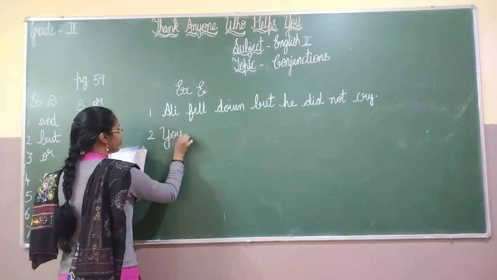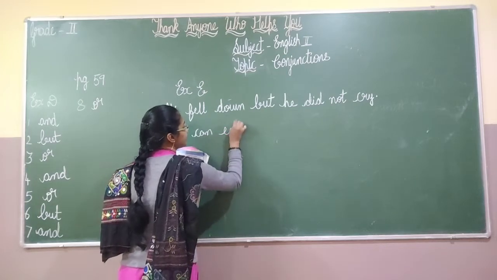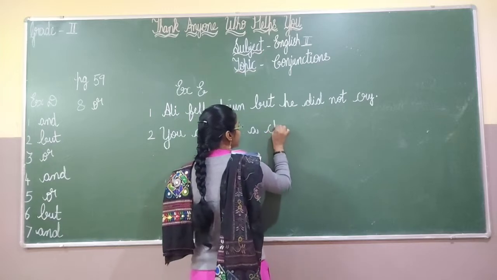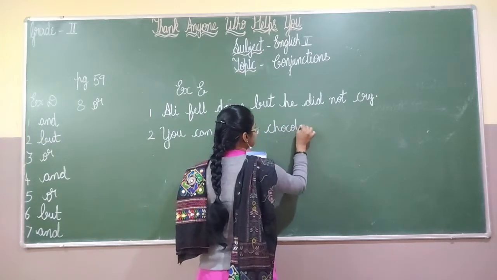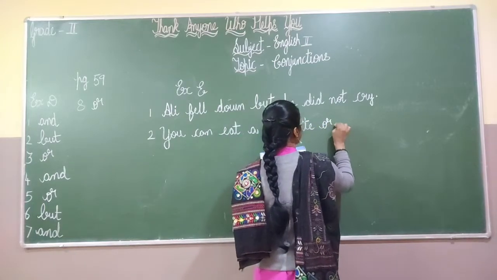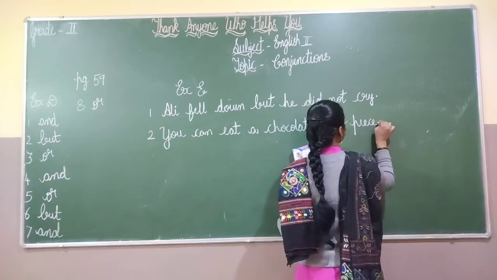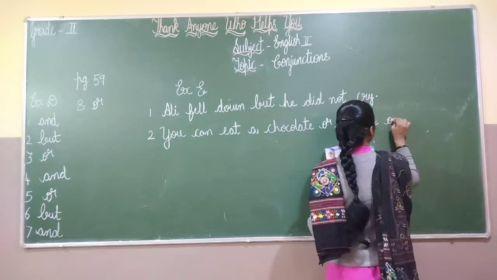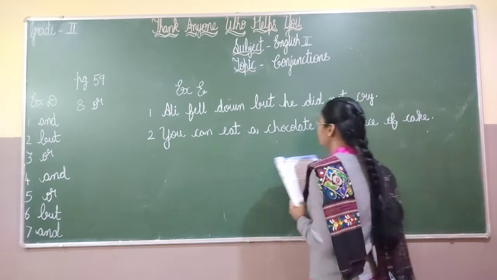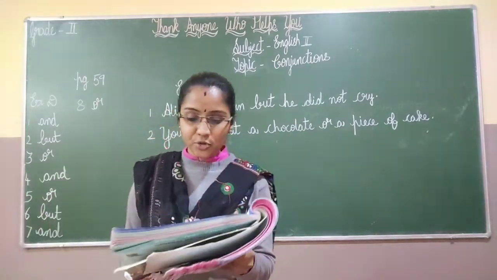You can eat a chocolate or a piece of cake. Okay. Third one, Pinky likes to eat rice.